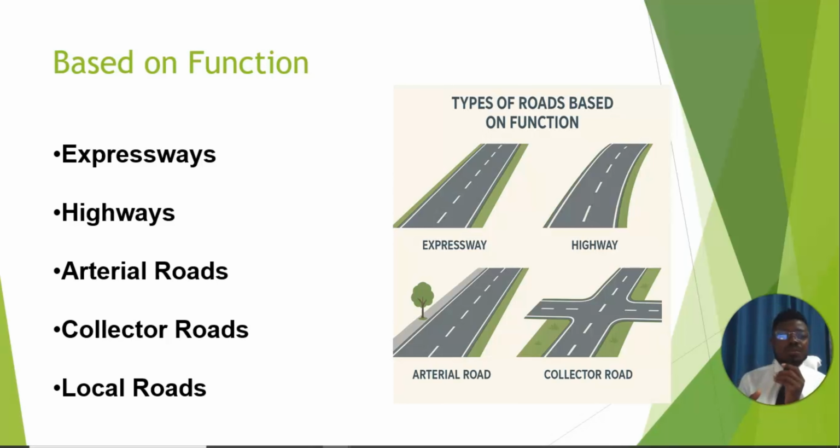And the same thing also for the highway. The highway is more like the major road for long distance travel, and you can see that they have traffic intersections and access points. But we don't have these traffic intersections on an expressway.